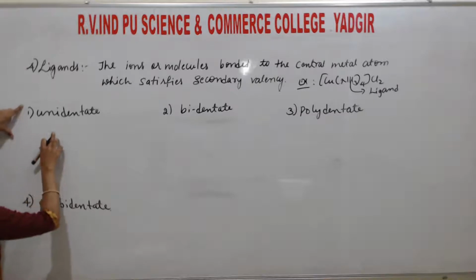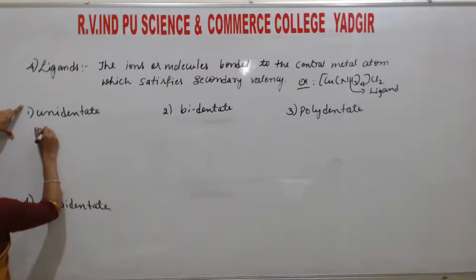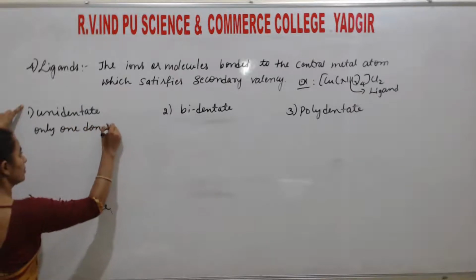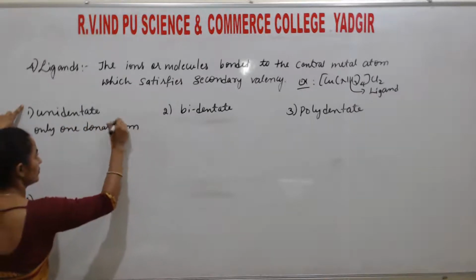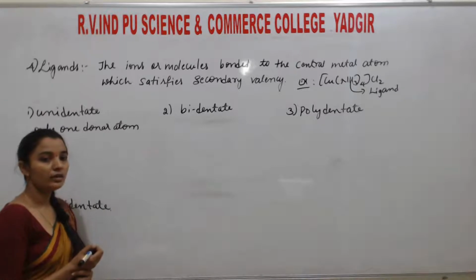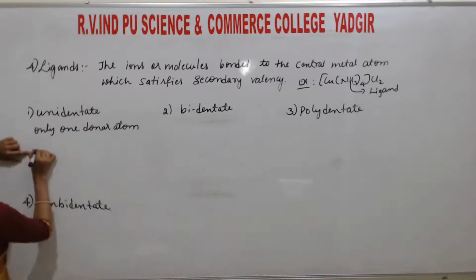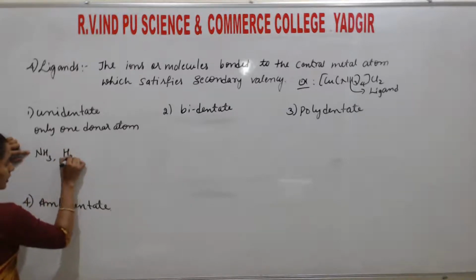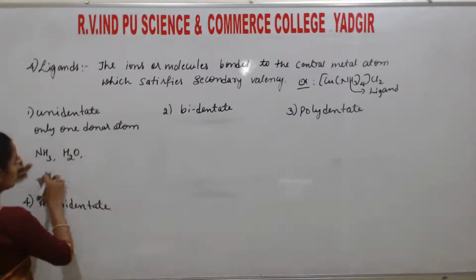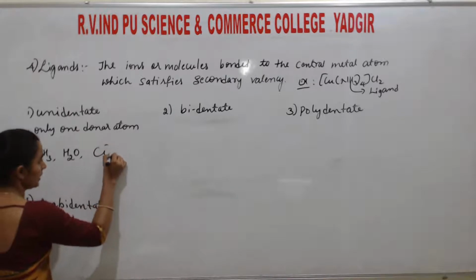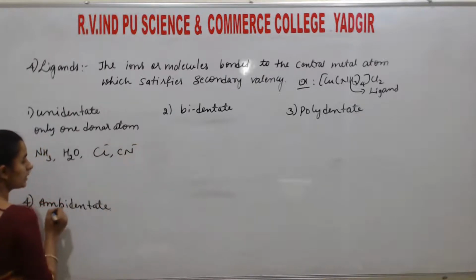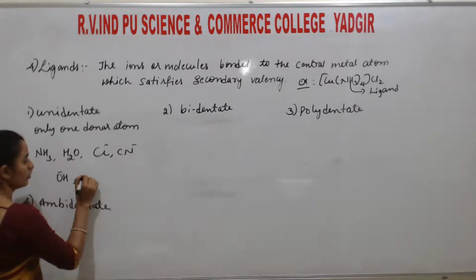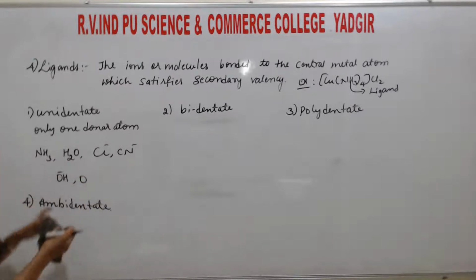Unidentate means which has only one donor atom. Examples are NH3, H2O, Cl minus, CN minus, OH minus.